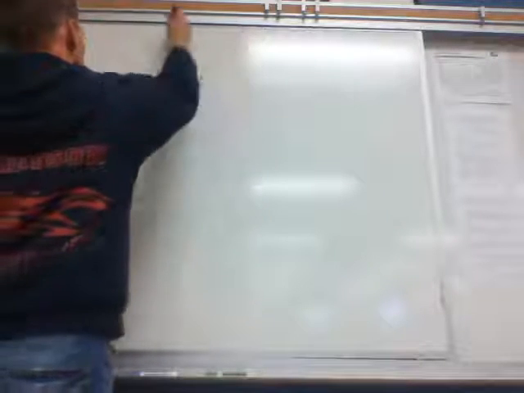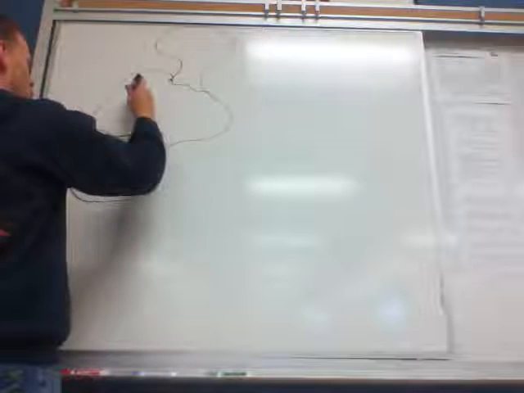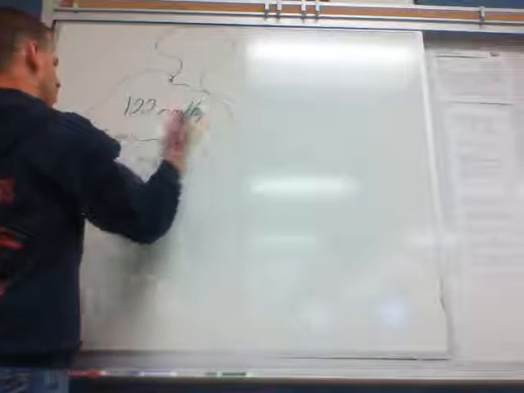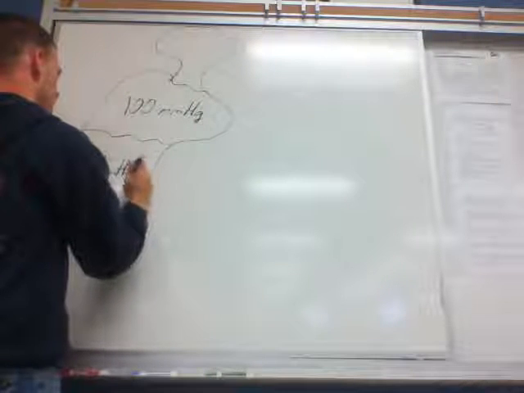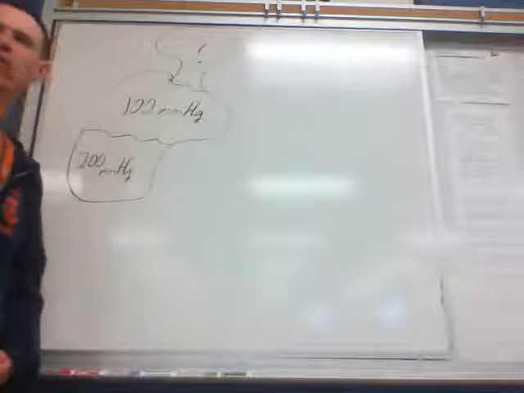Because I can make it a little funkier. All right, we had a weird container that was broken up into partial pressures of 100 mmHg, 200 mmHg, and we don't know that partial pressure.